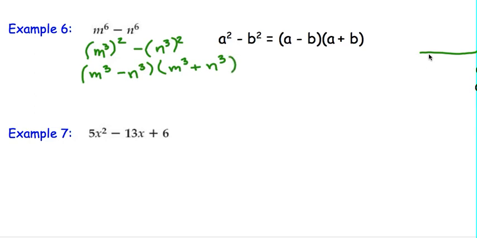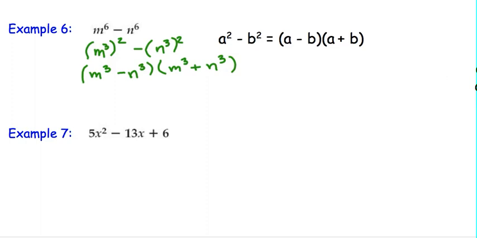Alright, so now I have broken these down into my separate sets, and if you look at each of them, these are the difference of 2 cubes, and this set is the sum of 2 cubes.